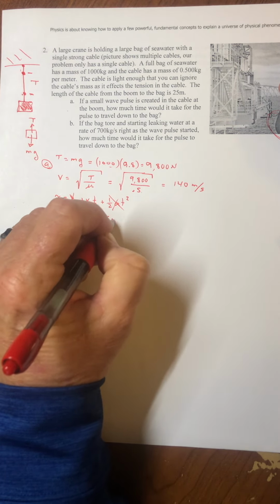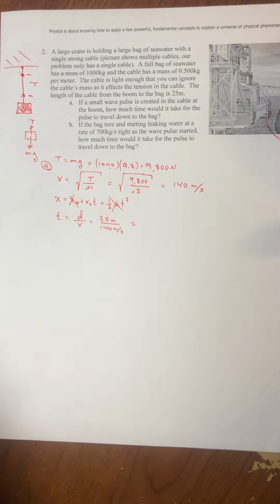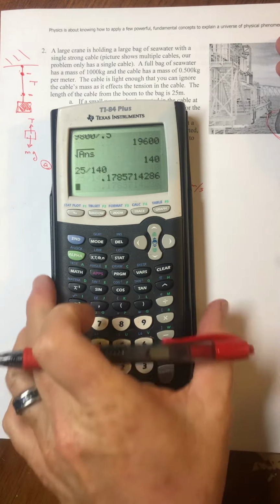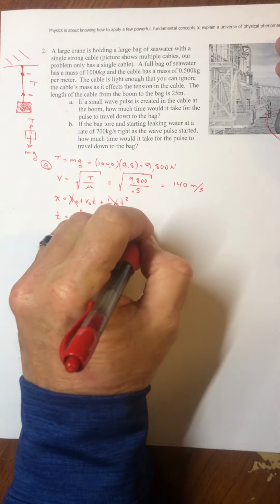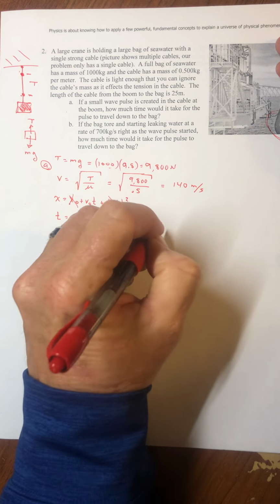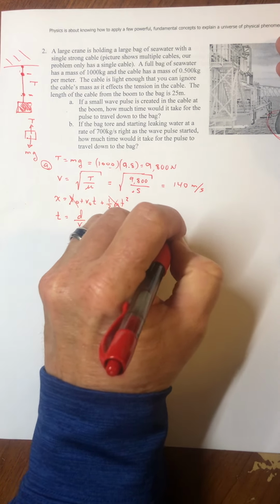So the 25 meters divided by the 140 meters per second is going to give me 25 divided by 140. And it's a short amount of time of 1.79 seconds.